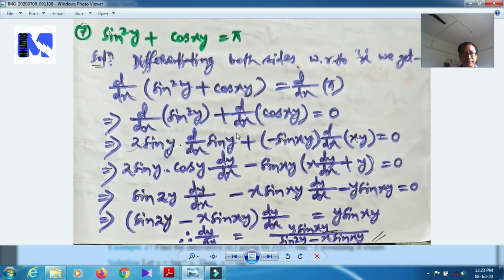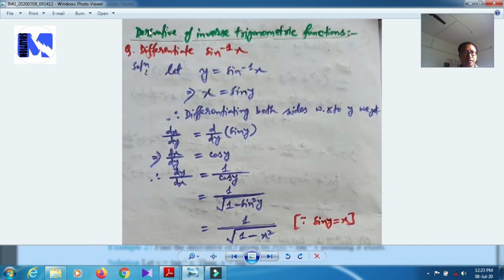Question number 9. Derivative of inverse trigonometric function, differentiate sine inverse of x. First, I have given the functions of differentiation of sine inverse x, cos inverse x, like that. Few differentiations I have shown here in this class. Okay, let y equal to sine inverse x, then we can write x equal to sine y.